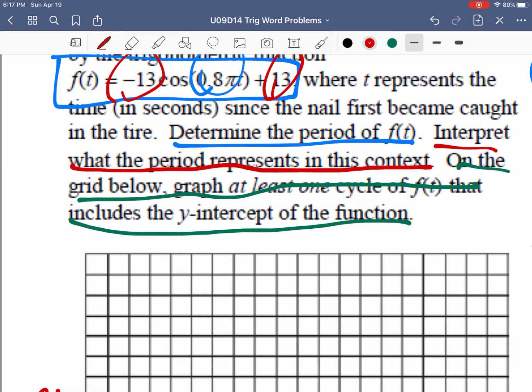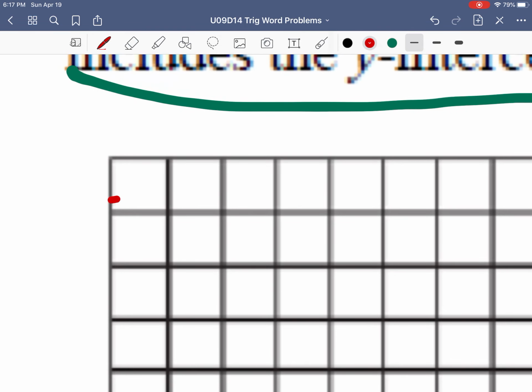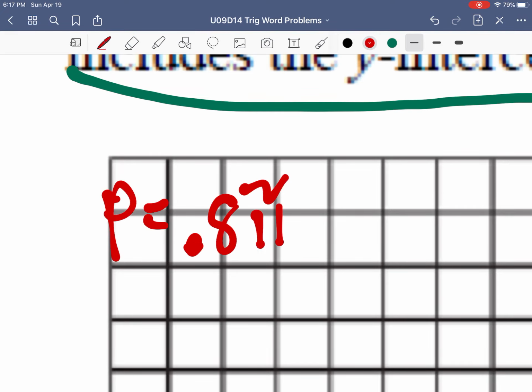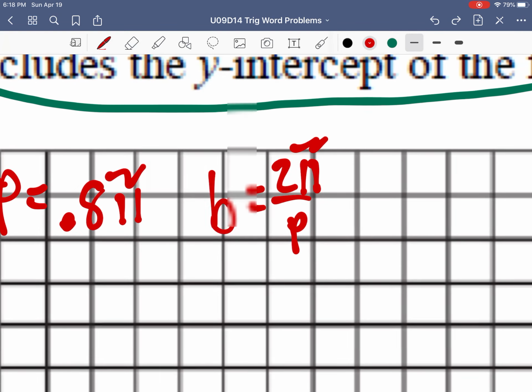So we have our frequency. So our frequency is 0.8 pi. And I know that the frequency is going to be equal to 2 pi divided by the period. So I'm just going to use that formula now. Actually, this formula wouldn't be useful.